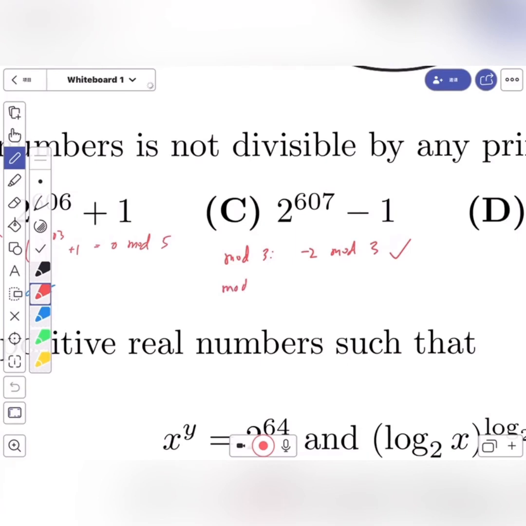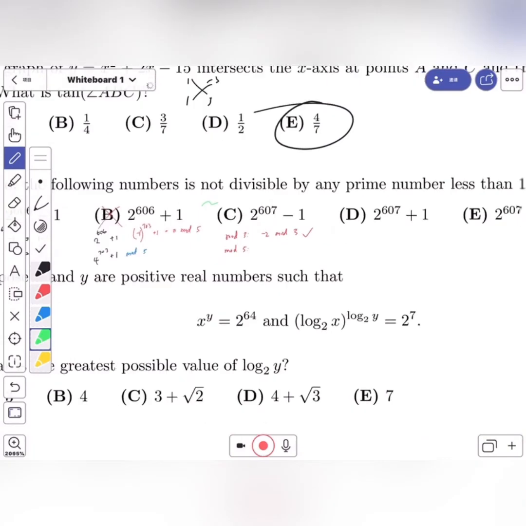Now we take mod 5. Negative 2, well, this is not divisible by 4, but it's not an exponent of 4, so it's not possible to be divisible by 5. So this one might be a choice, but we don't know yet. Let's go on to D.